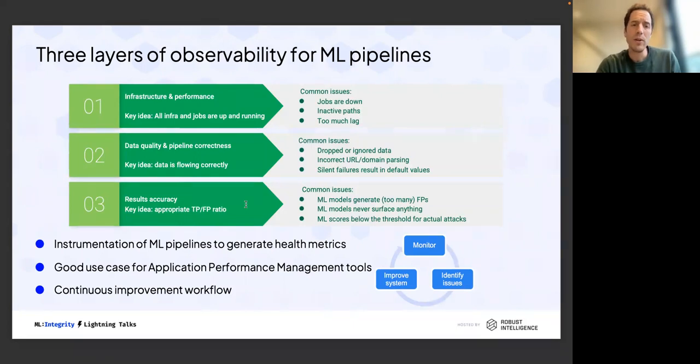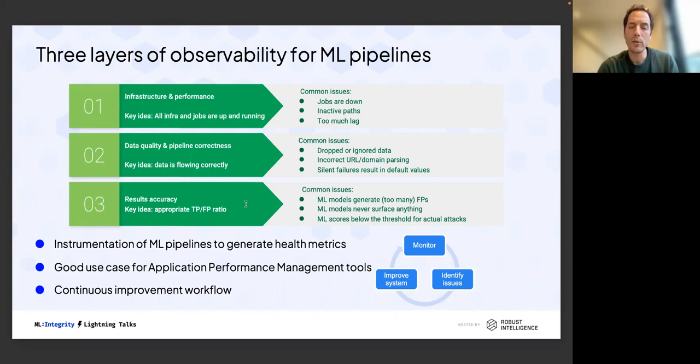To break it down, we have identified 3 different layers of observability. The first one would be infrastructure and performance, like is the system up and running? Are the components working? And are we generating results on a timely basis? The second one is perhaps the most complex because it has to do with data quality and correctness.